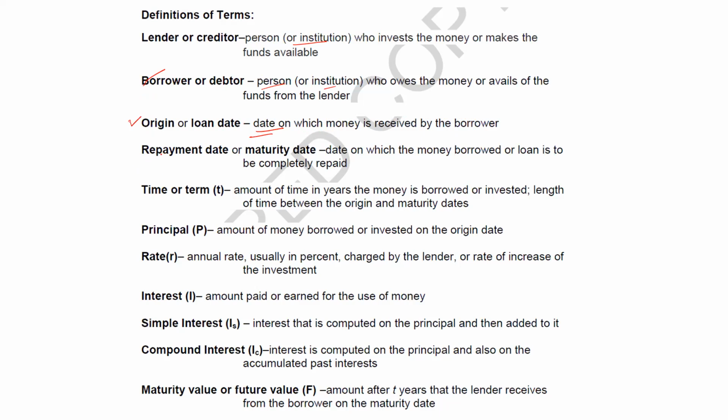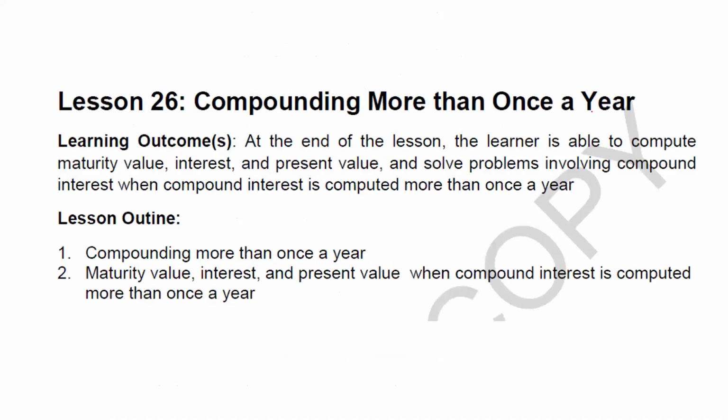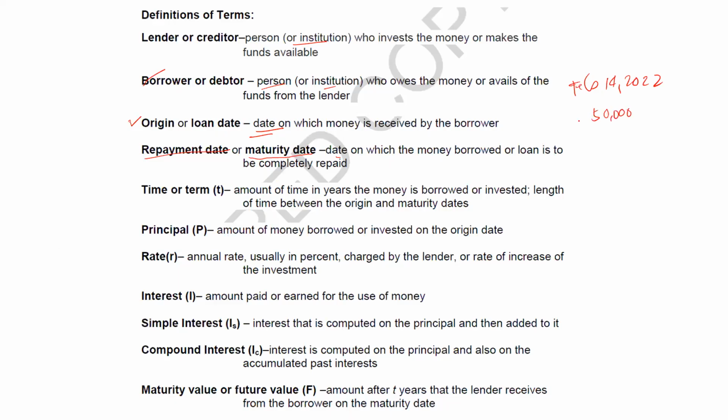Next is the repayment. Pero usually, ang ginagamit na term is the maturity date. This is the date on which the money borrowed or loan is to be completely repaid. Say for example, nagborrow ka ng February 14, 2022, ang amount is 50,000 pesos.